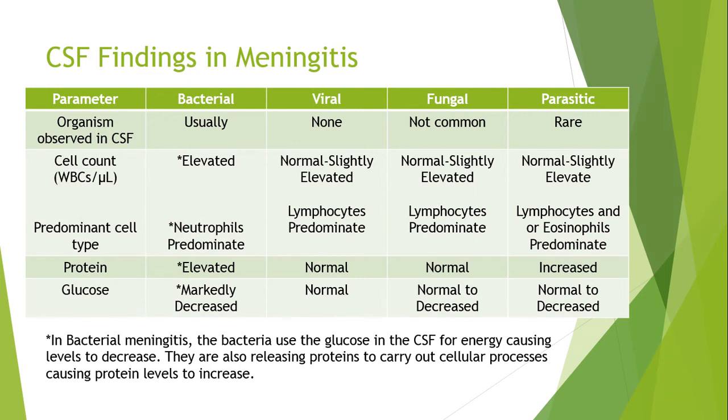So, these are important too, protein and glucose. If it's a bacterial infection, your glucose is going to be decreased and your protein is going to be increased. And that's because the bacteria are eating up the glucose. They're using it for energy. And anytime something is living, it's producing proteins in order to live, right?